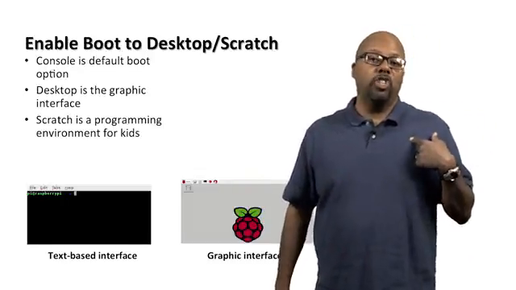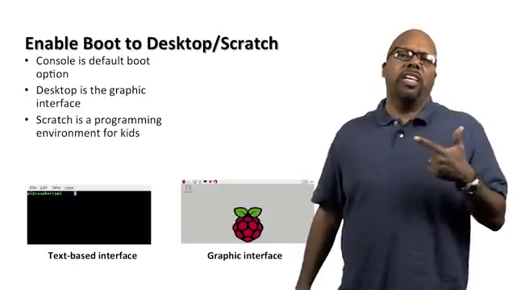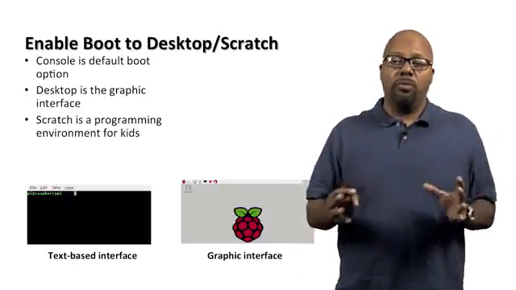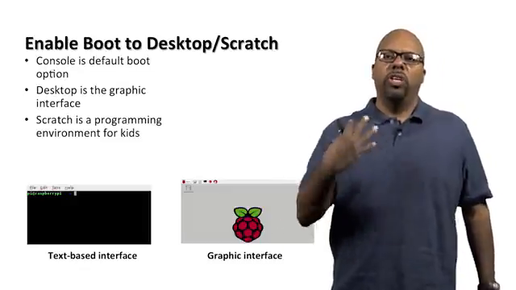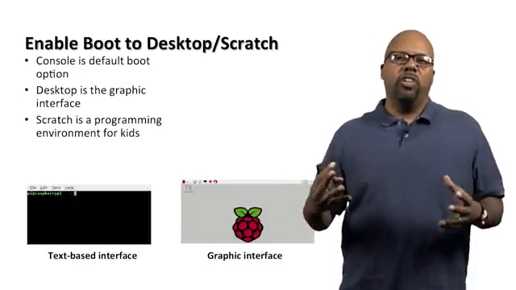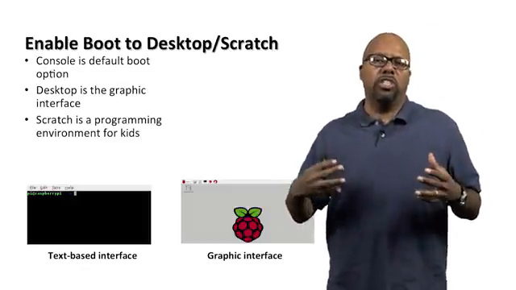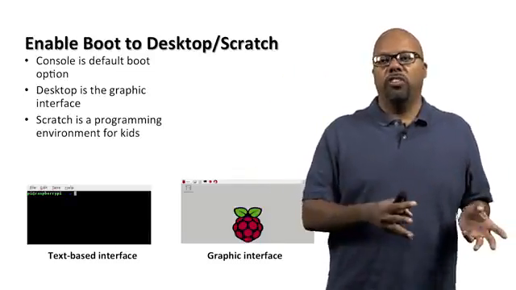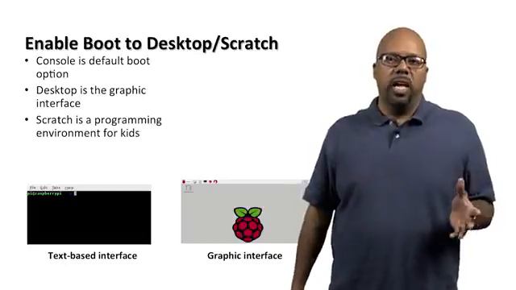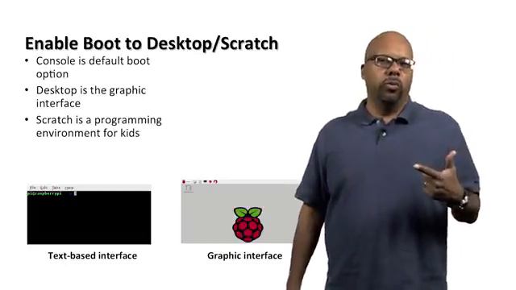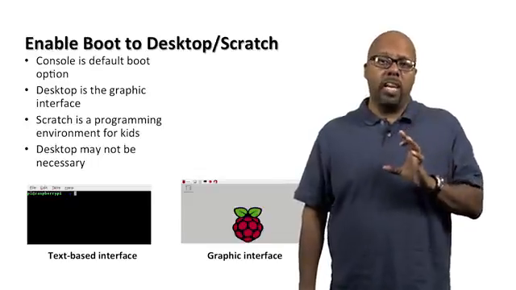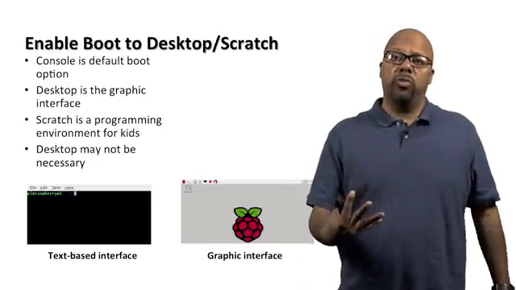For us, I'm going to assume we're mostly going to go with desktop, the graphic user interface. You need the console option too, but from the graphic user interface, you can invoke the console. So the desktop option is usually the best, and then you can open a console whenever you want to. Whereas if you just go with console, all you see is a console. The desktop graphic user interface may not be necessary, depending on how you're using this Raspberry Pi.